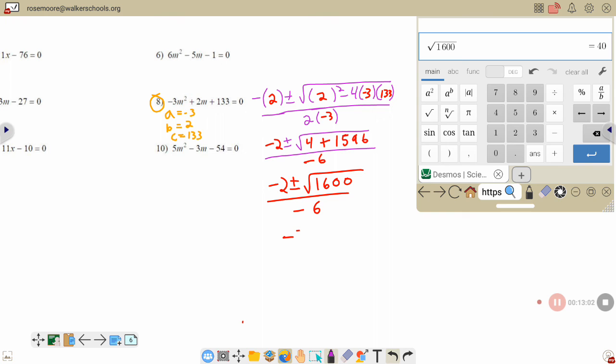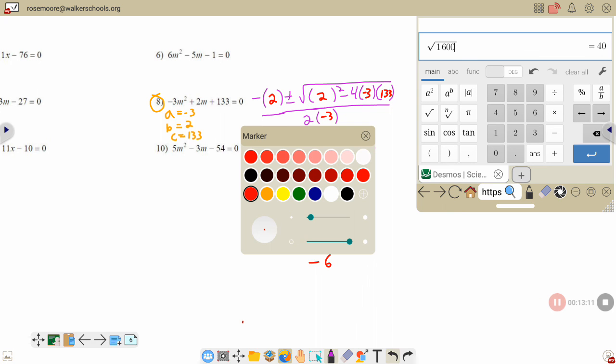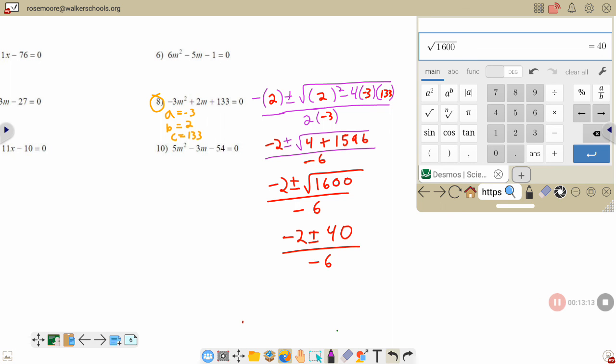So I really have negative 2 plus or minus 40 over negative 6. Okay, so we're going to do it the two ways. We're going to do the addition for my plus minus first. So negative 2 plus 40 over negative 6. So that should be 38 over negative 6.